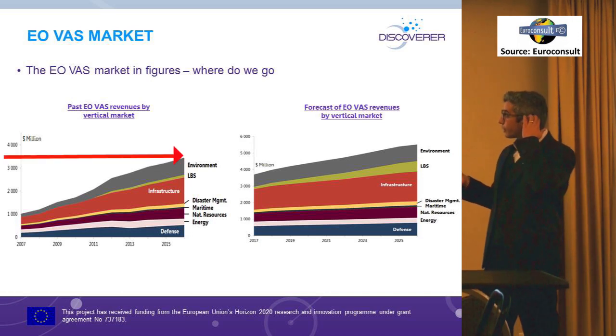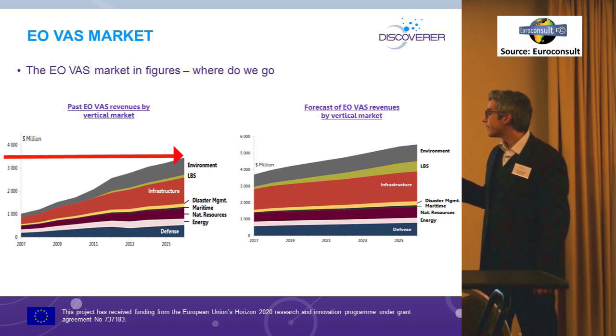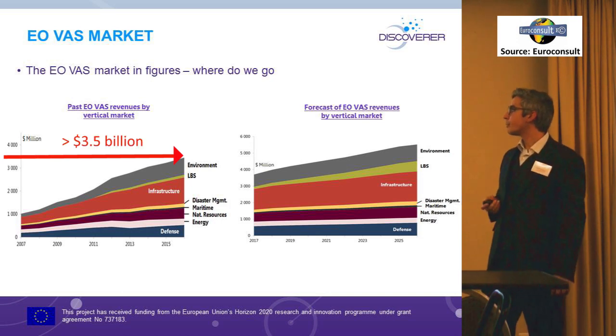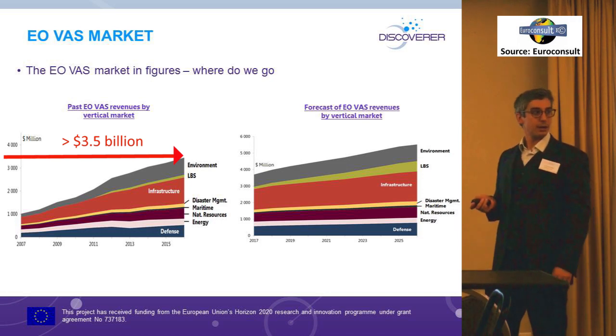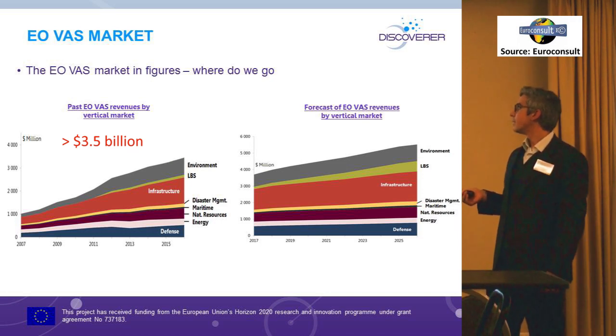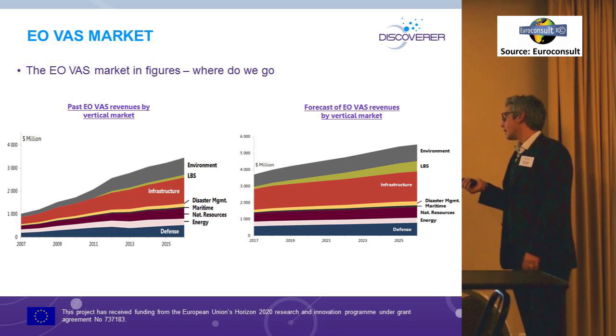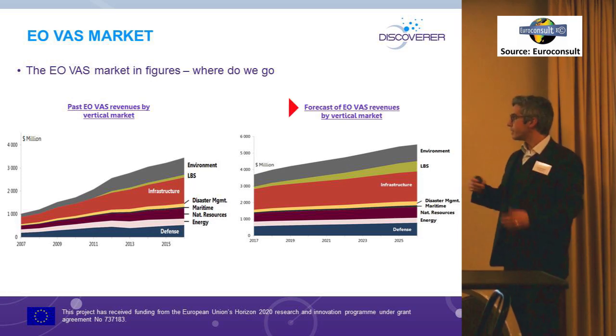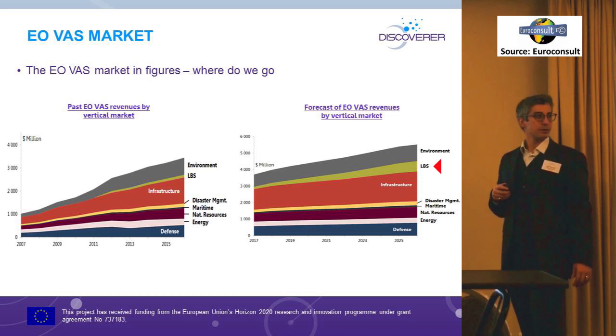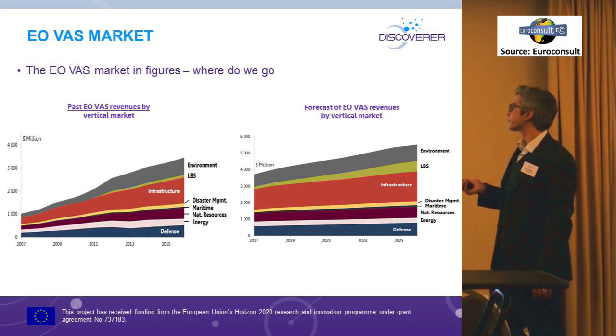So here we are talking about a market in 2016 of more than 3.5 billion, a big market where infrastructure and environment are the biggest vertical markets. In the future, this will change a little bit, basically with location-based services, but the share will be more or less similar.